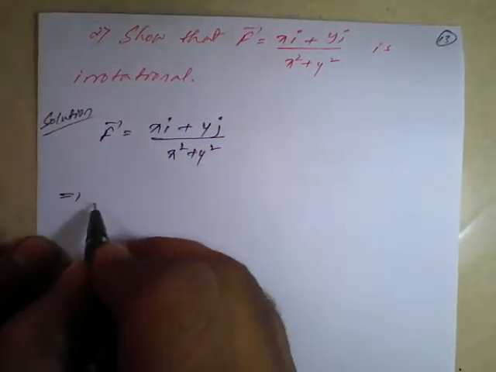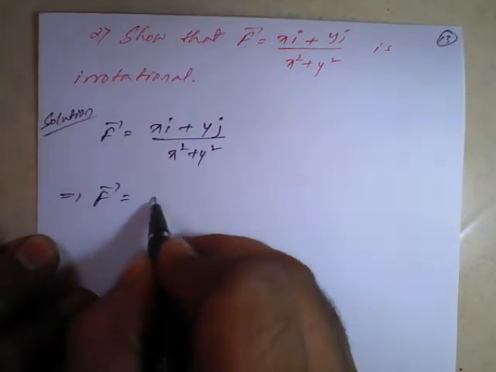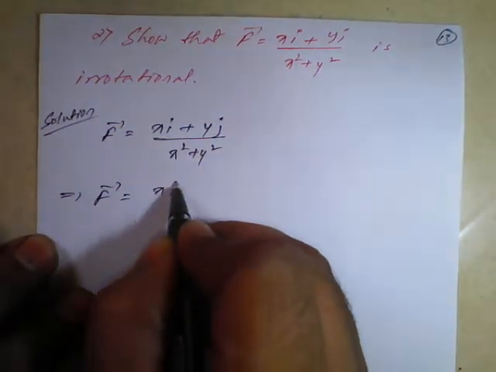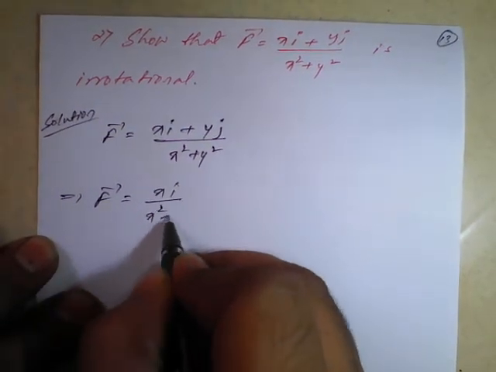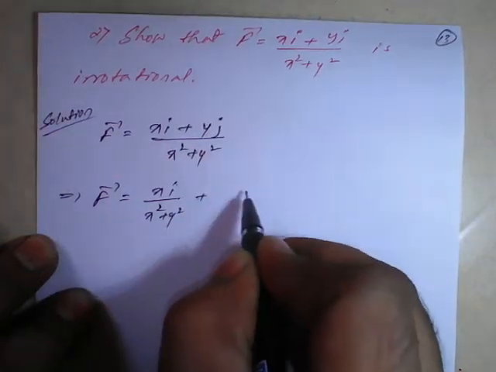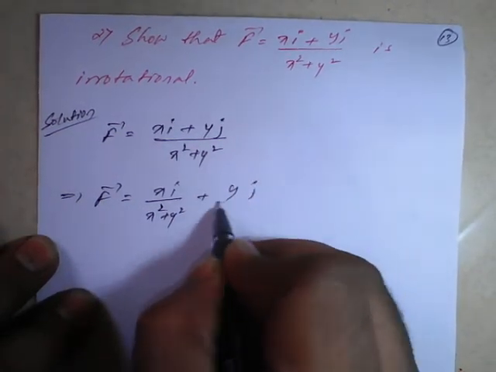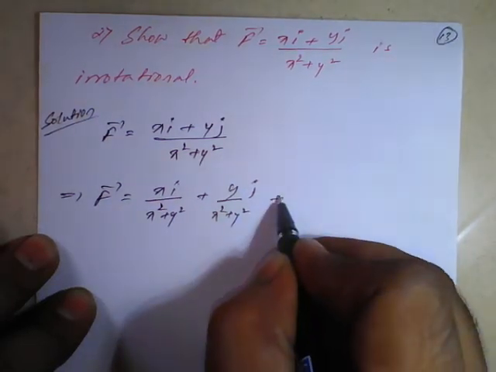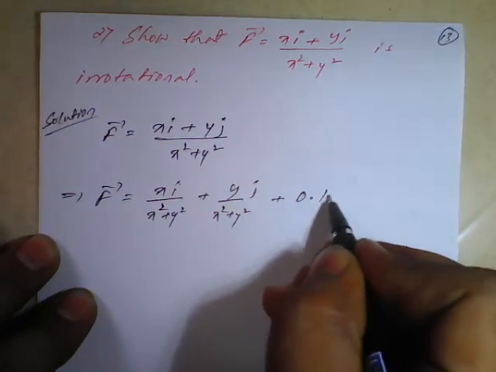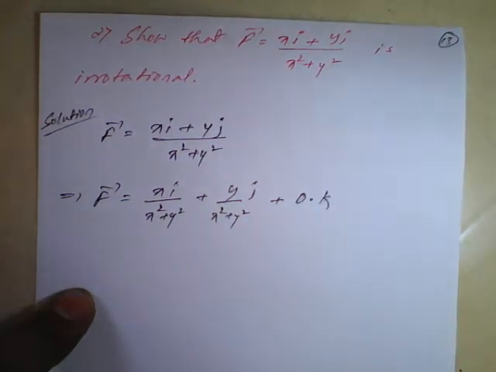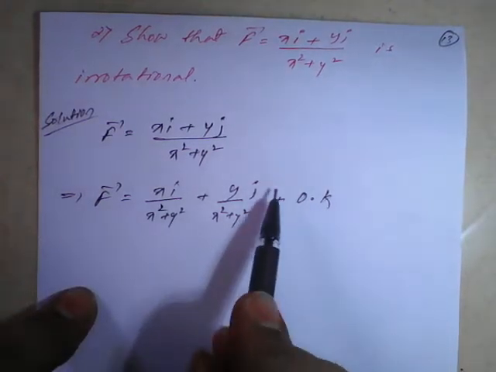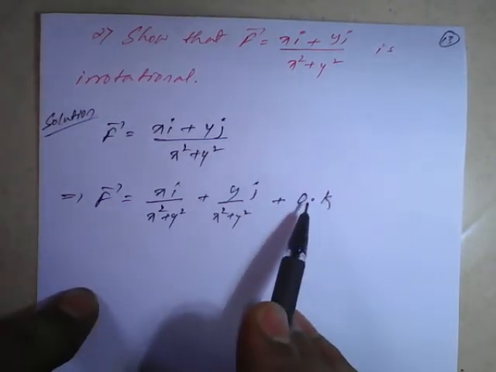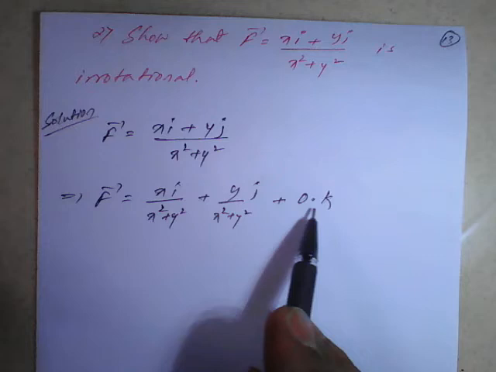We'll separate it: xi divided by x square plus y square plus yj divided by x square plus y square, and we don't have the last term, so I will write 0 into k. We don't have any coefficient of k, so it is 0 into k.